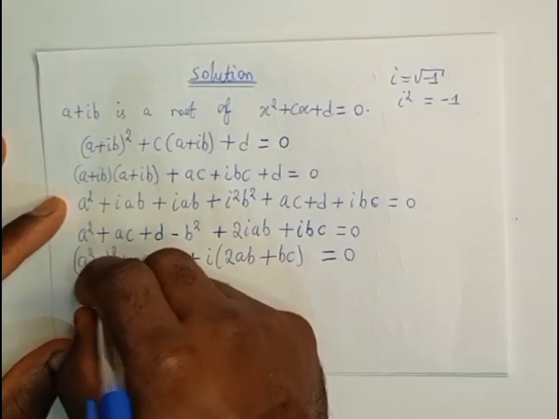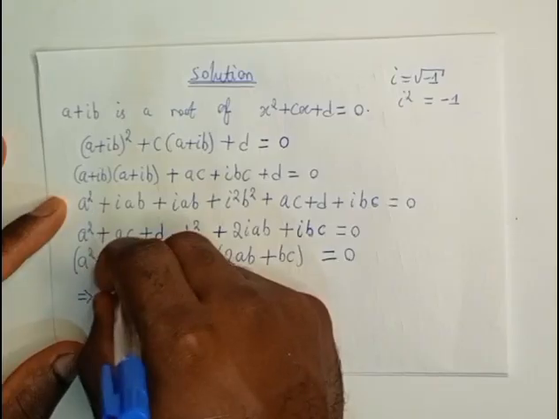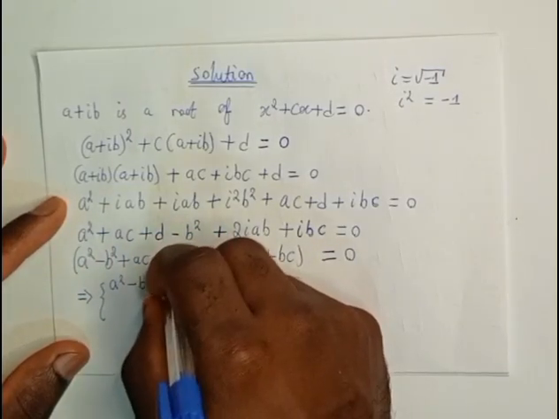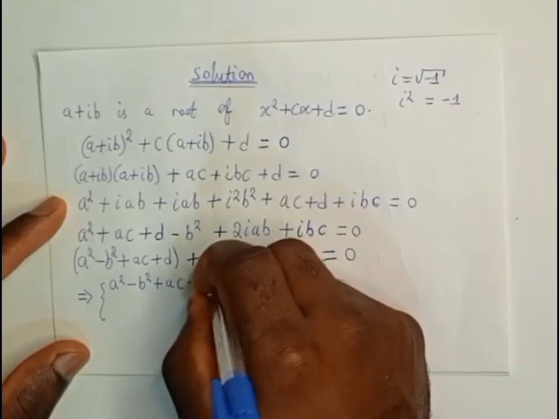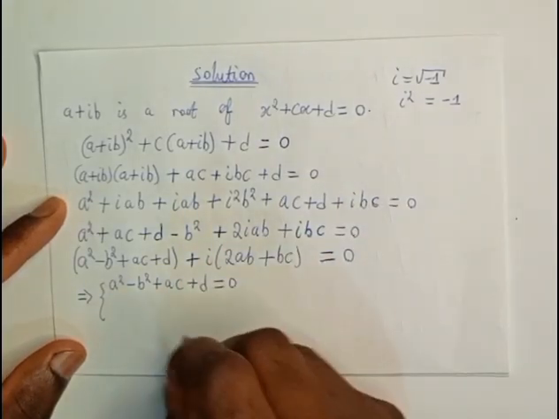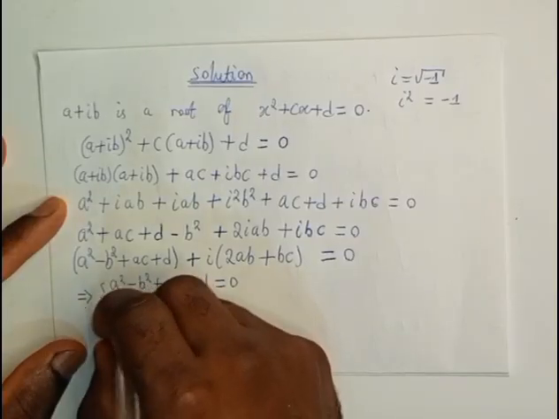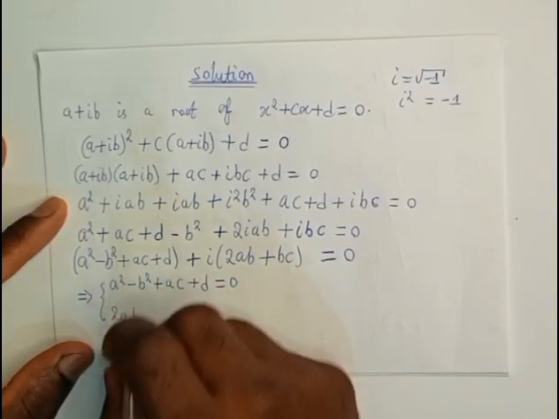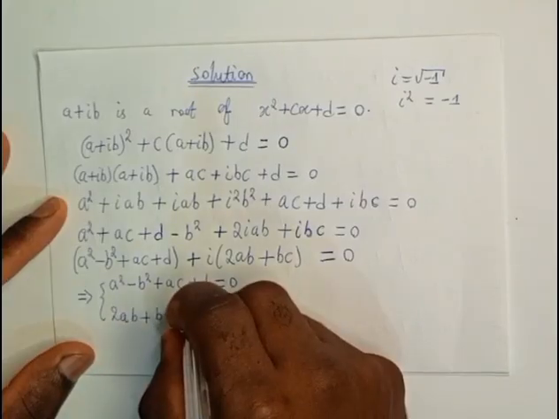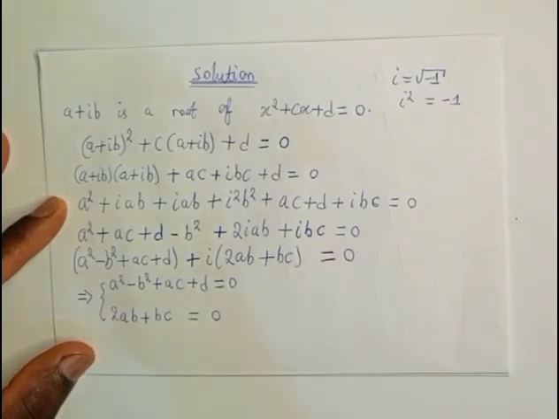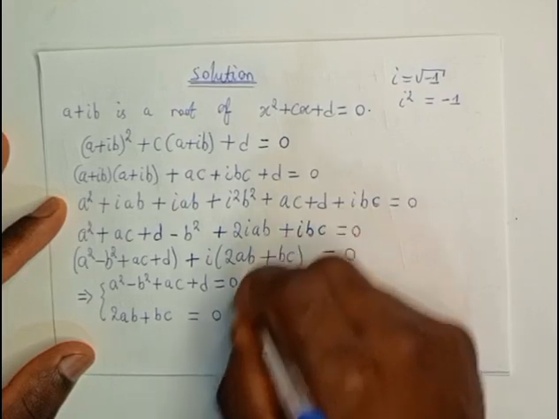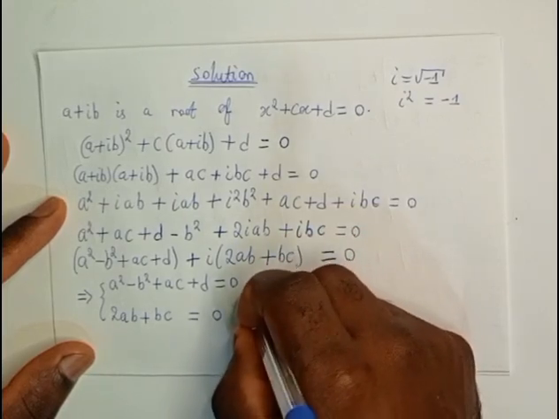Then a squared minus b squared plus ac plus d must be equal to 0, and 2ab plus bc must be equal to 0. We call this one equation 1, call this other one equation 2.